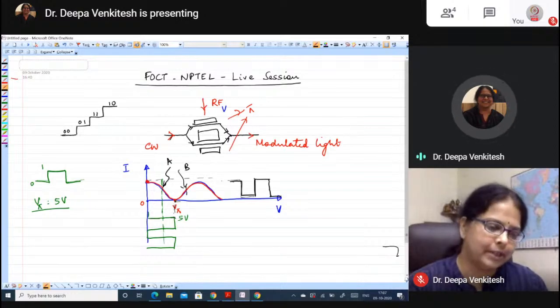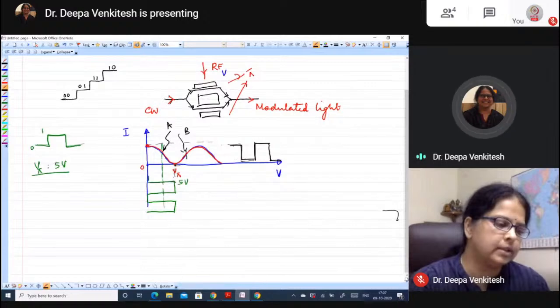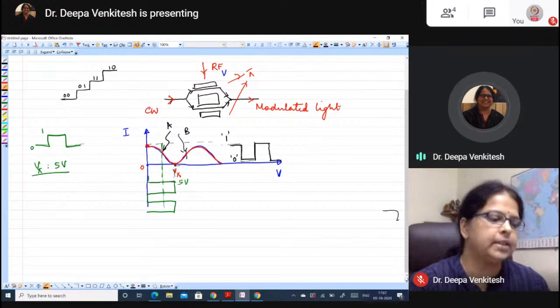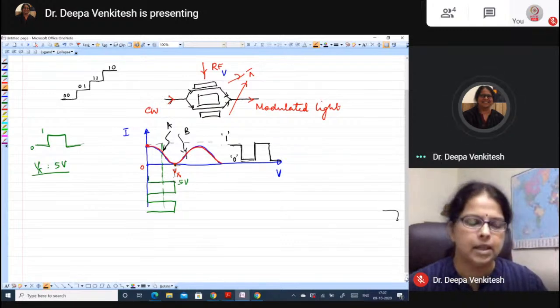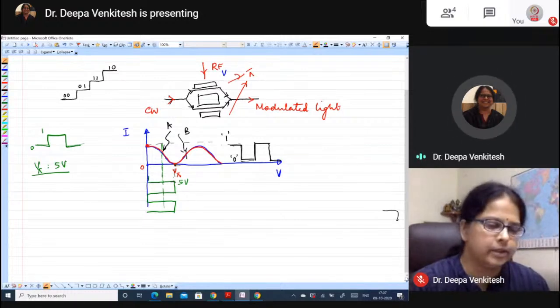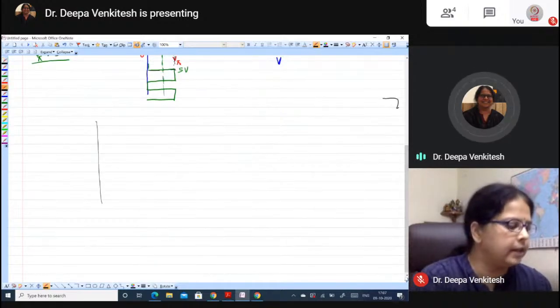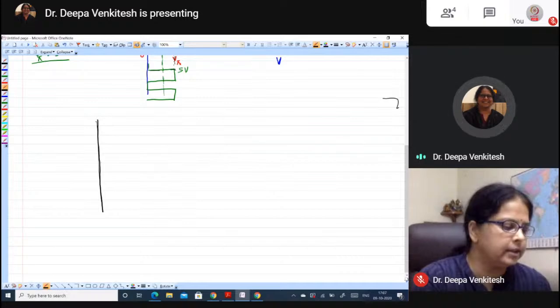Now, if you want to generate PAM4, what do you have to do? Instead of these two levels, low intensity corresponding to the 0 state and high intensity corresponding to the 1 state, you want to get 4 levels instead of 2. All you need to do is take the transfer function of the modulator.